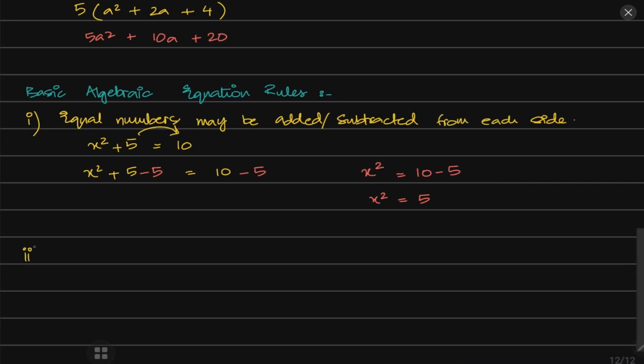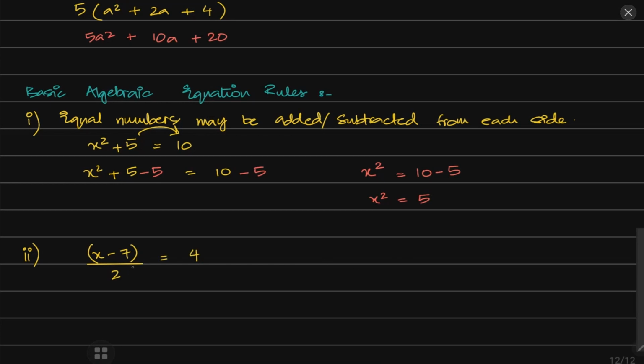Now we got another pointer: each side may be multiplied or divided by equal numbers. Once again, except 0, because if you're dividing or multiplying by 0, then there's no point in doing it in the first place. So let's suppose I got (x minus 7) over 2 equals 4.